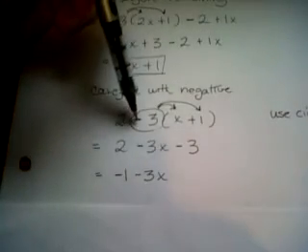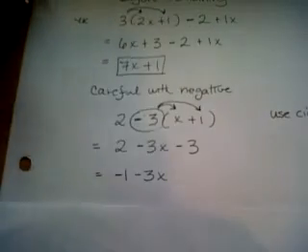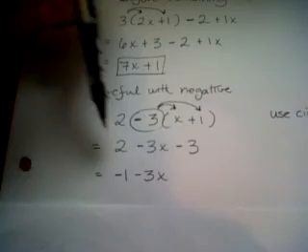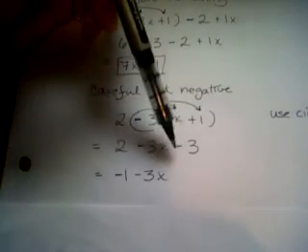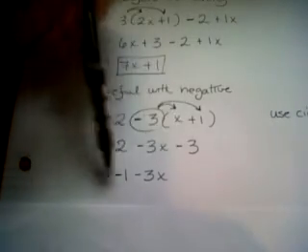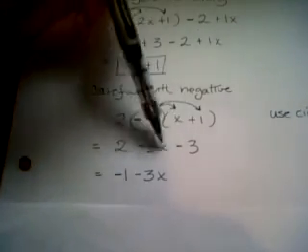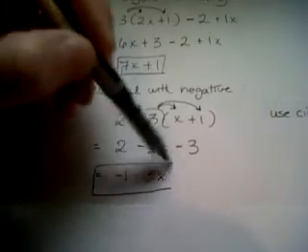Negative 3 times x gives me a negative 3x, and negative 3 times a positive 1 gives me a negative 3. Now I've done my distributive property. I can combine my like terms. Well, 2 has a like term of a negative 3. That negative stays with the 3. So 2 minus 3 gives me a negative 1, and then that negative 3x doesn't have any other term to combine, so there is our answer.